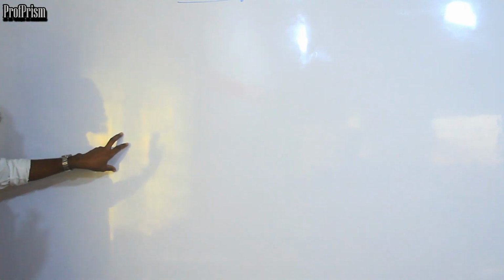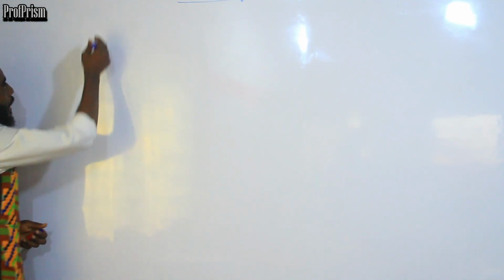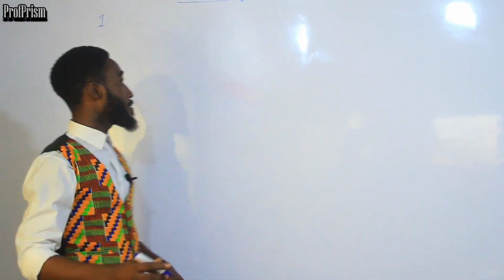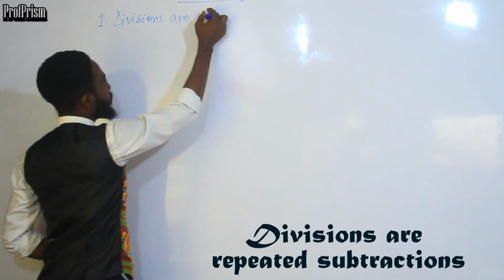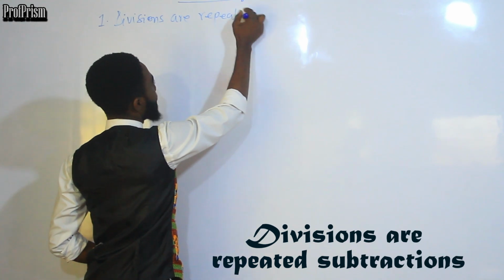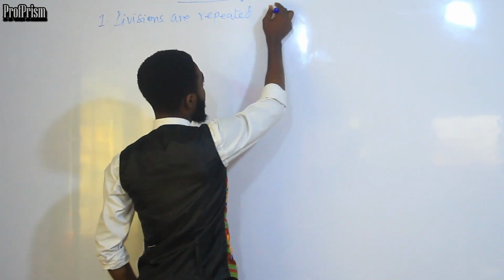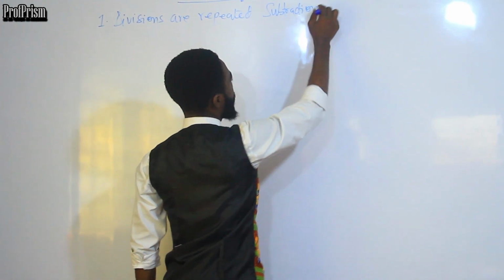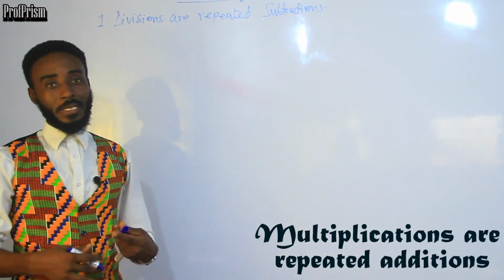The first fundamental idea to appreciate from as early as primary school is that divisions are repeated subtractions, just as multiplications are repeated additions.